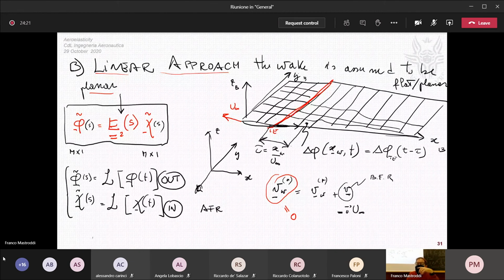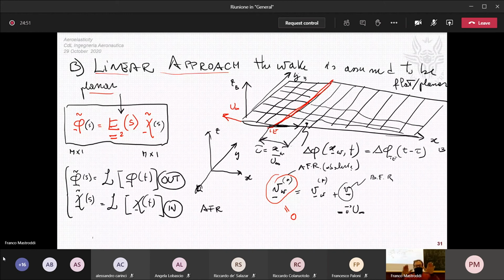And the point is, how can we determine this time delay? For determining this time delay, we assume a linearized condition, and the linearized condition is the following. Imagine to consider a wake velocity. The wake velocity is a velocity in the absolute frame of reference.